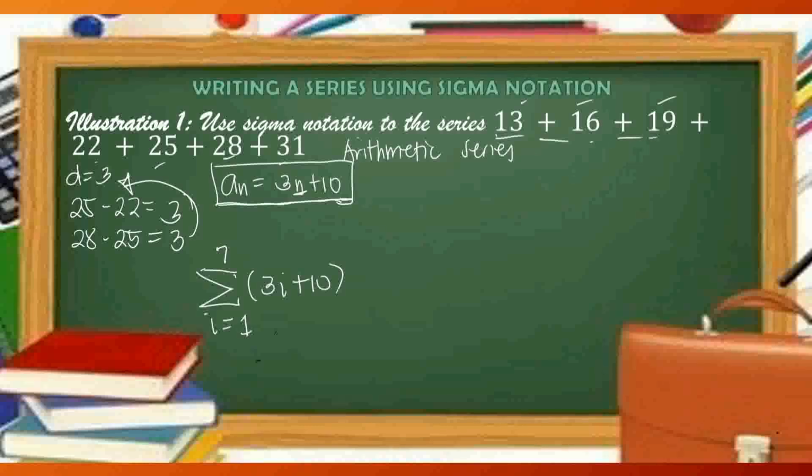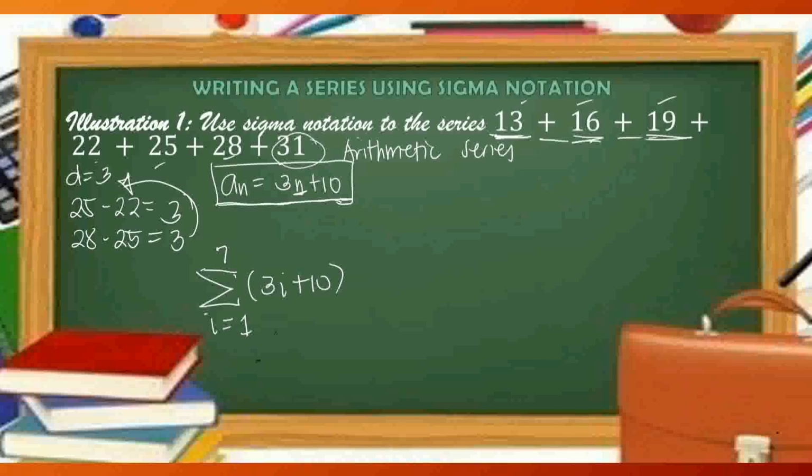So if i is equal to 1, 3 times 1 is 3, plus 10 is equal to 13. And if i is equal to 2, 2 times 3 is 6, plus 10, which is 16. And if i is 3, 3 times 3 is 9, plus 10 is equal to 19, all the way up to 7. So if i is 7, 3 times 7 is 21, plus 10 is also equal to 31.